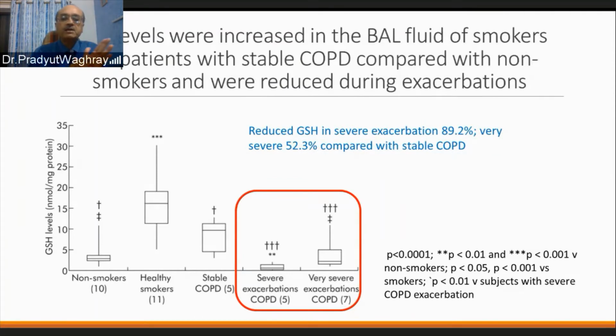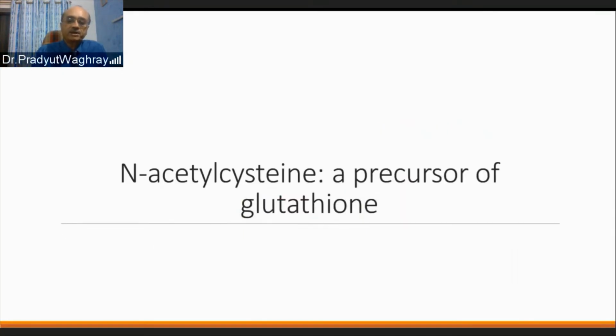It was found that in severe COPD and very severe COPD, there was a significant drop in the concentration of reduced glutathione, to the tune that it was 89% in severe COPD and only 52% in very severe COPD when compared to stable COPD. So there was a drop in the antioxidant and rise in the oxidants in stable COPD as well as in COPD exacerbation.